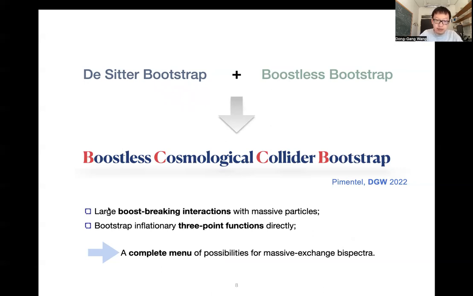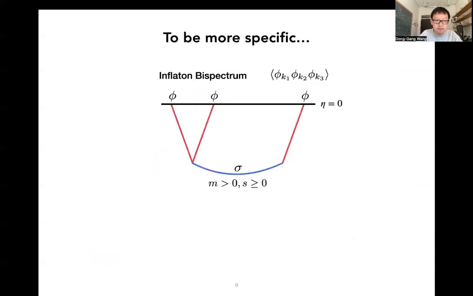So here we want to study the large boost breaking interactions with this massive exchange particle. And we also want to bootstrap the 3-point function directly without referencing the 4-point one and then going back to the 3-point. And in the end, we will be able to provide a complete manual of possibilities for the massive exchange bispectrum.